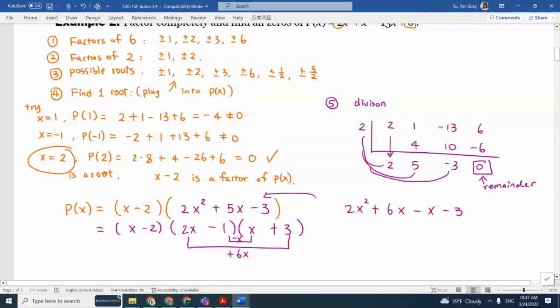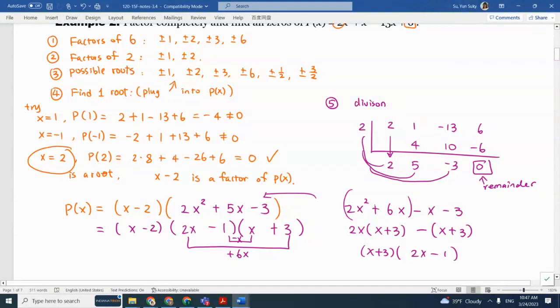And then you factor out the 2x and you get x plus 3, and then you factor out the -1, you get x plus 3, and then you have the common factor of that and 2x minus 1. Yeah, you can also do that. Right. So there are different ways of factoring.